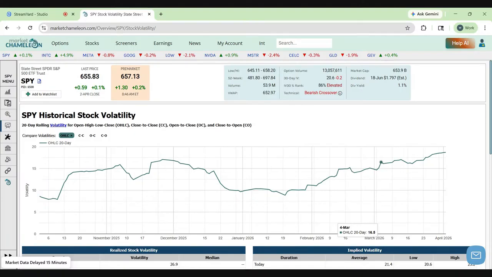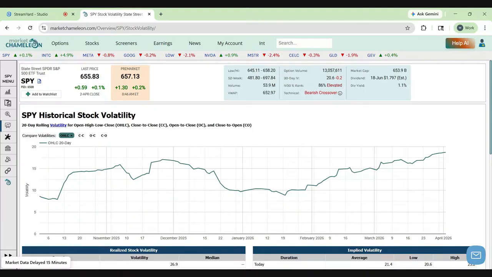What it does is look at the last 20 days. It uses SPY's opening price, high price of the day, low price of the day, and closing price of the day. Then it looks at the last 20 days and calculates the volatility based on those reference points.